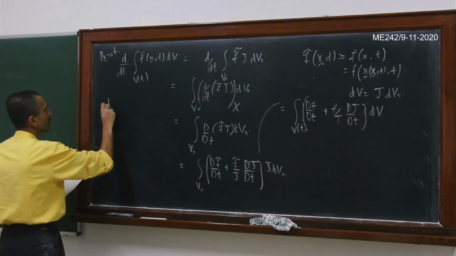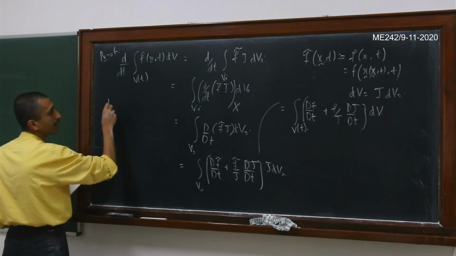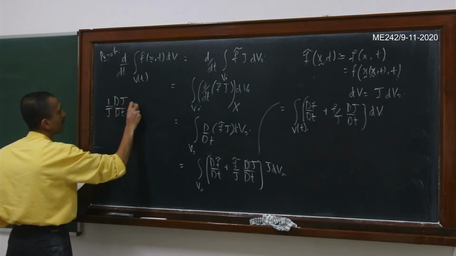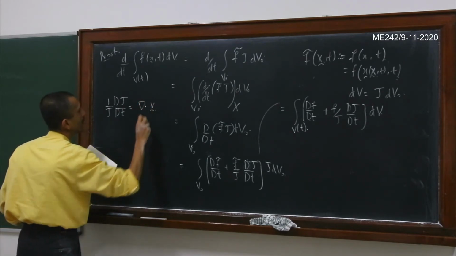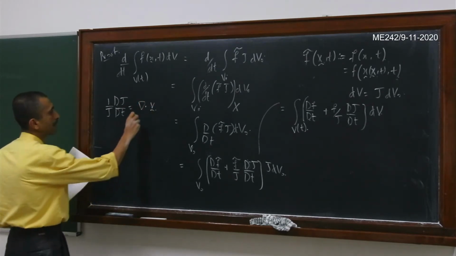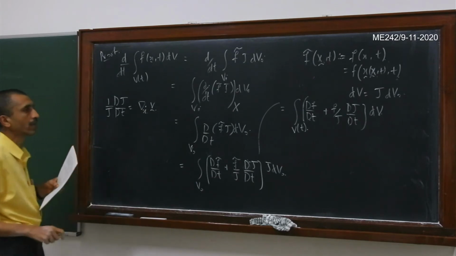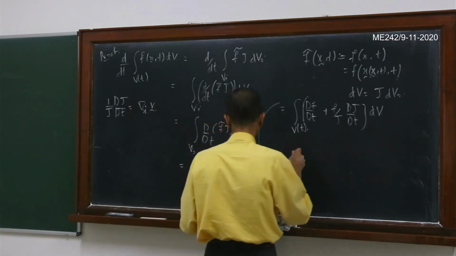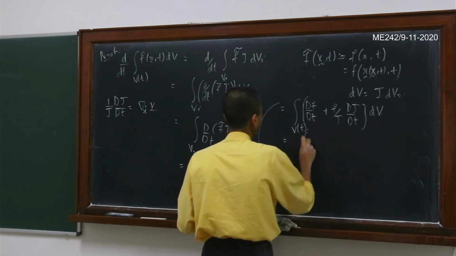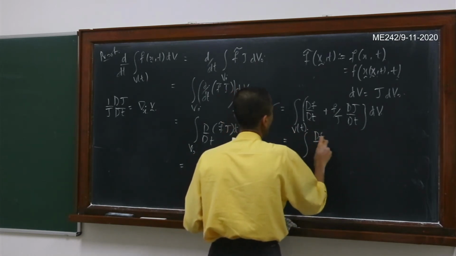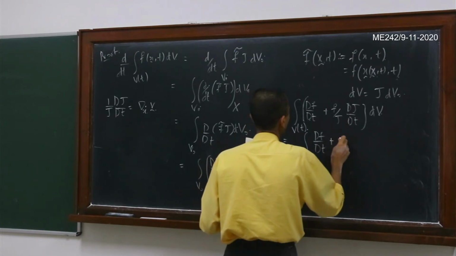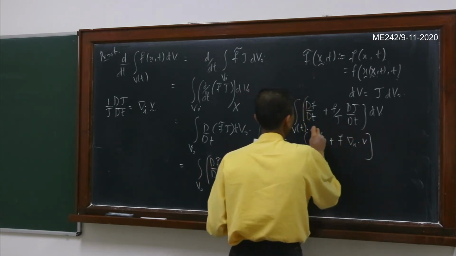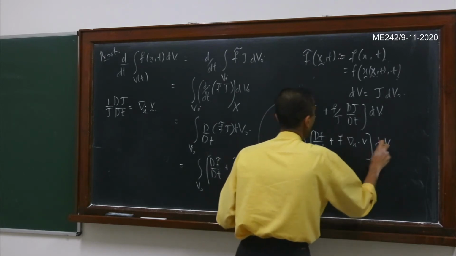This is a relation I introduced earlier, in the chapter on kinematics, with del dot v taken with respect to small x. So this is equal to the integral of df by dt plus f times del dot v, times dv over v of t.